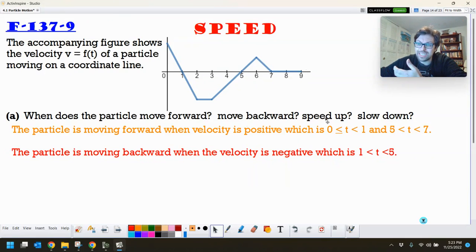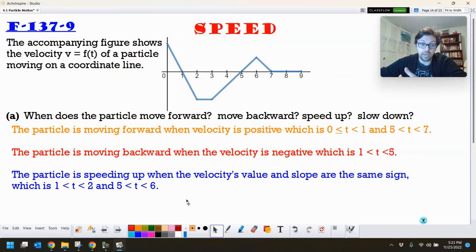In order to talk about it speeding up, we need to make sure that the velocity and slope, because that's going to be the derivative of velocity, and derivative of velocity is acceleration. So we want to make sure that the slope and the velocity's value have the same sign. Velocity and acceleration are the same. So from 1 to 2, in this region, the slope is negative and the value of the velocity is also negative.